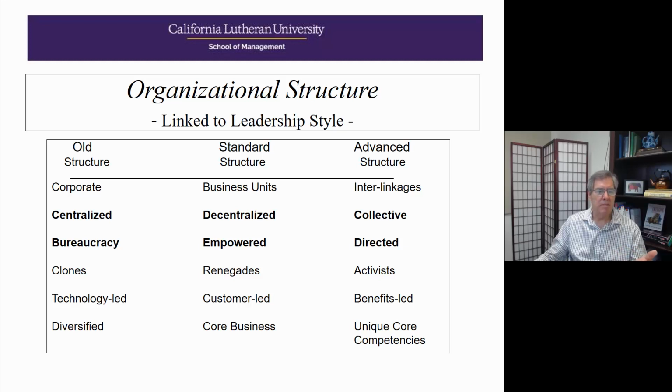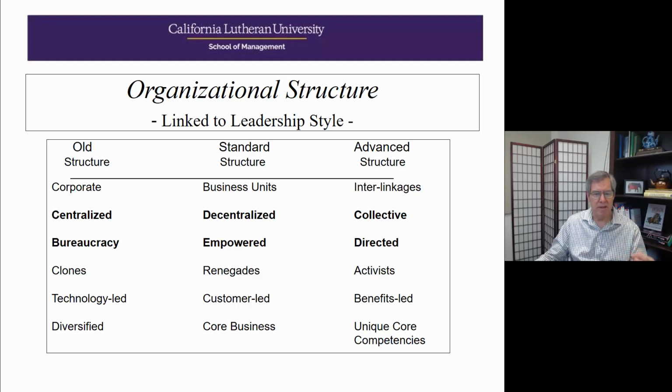The other thing to remember is that organizational structure is linked to leadership style as well. So if you look at an old structure, which is command and control, if you like, it's centralized control, it's corporate, it's bureaucratic, it has clones, everyone operates the same, like the old IBM model, it's technology-led.